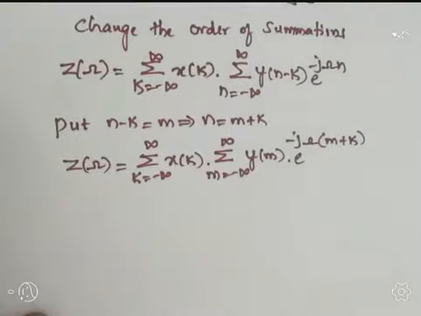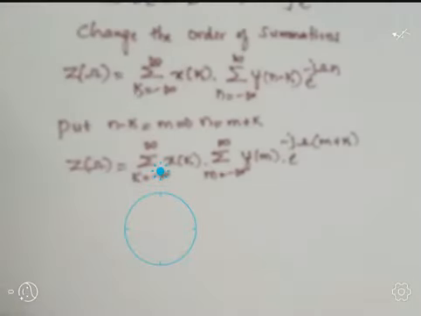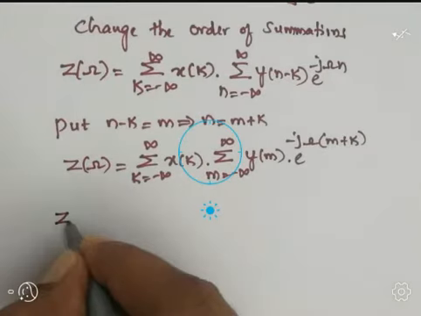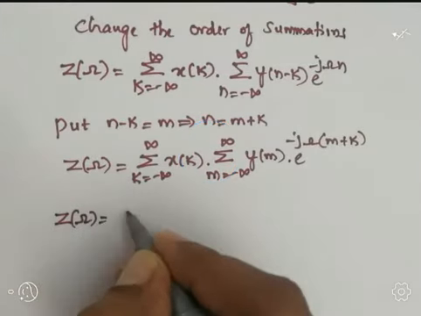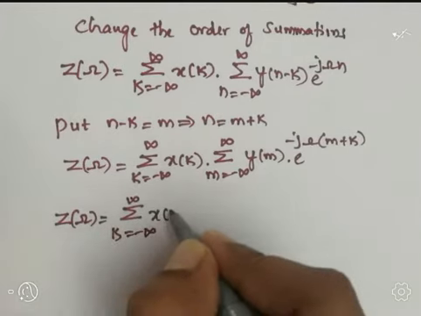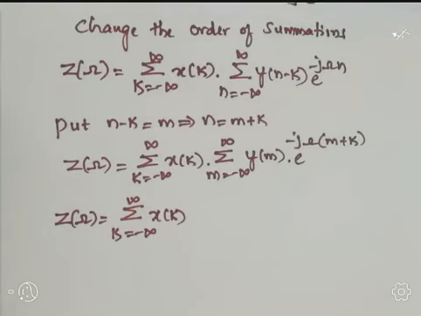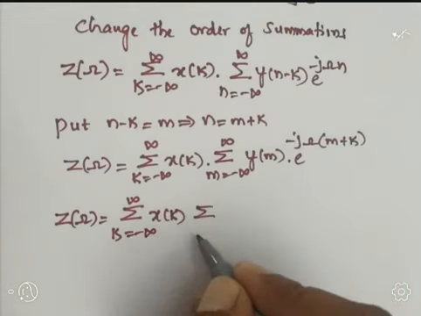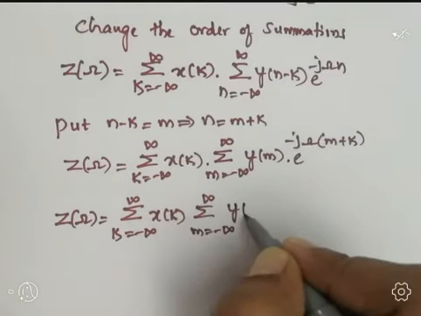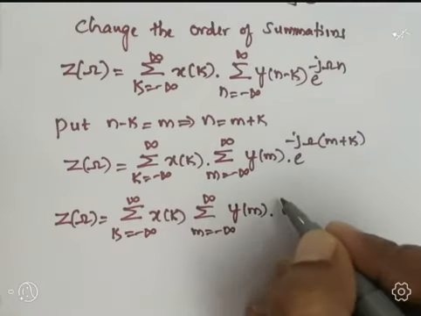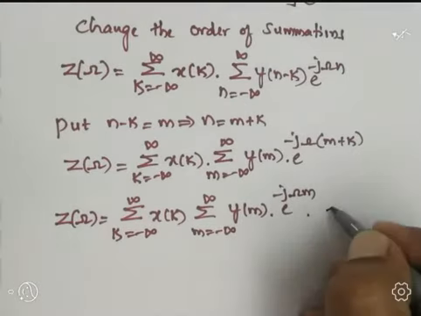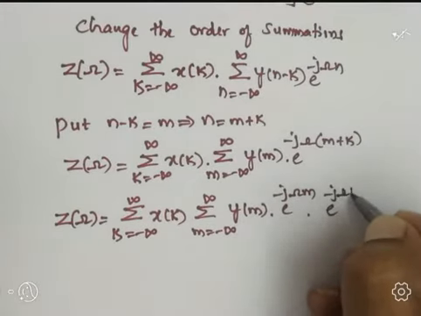Next simplification, separate the exponential terms. That is, Z of omega is equal to summation k equal to minus infinity to plus infinity x of k, then summation m equal to minus infinity to plus infinity y of m e to the power minus j omega m, next e to the power minus j omega k.